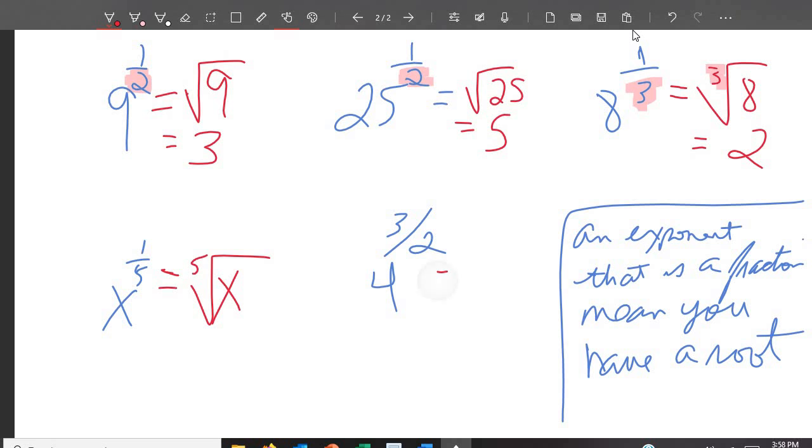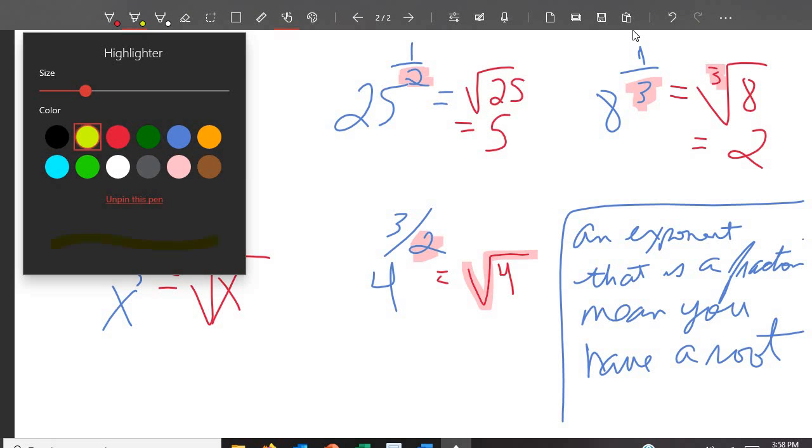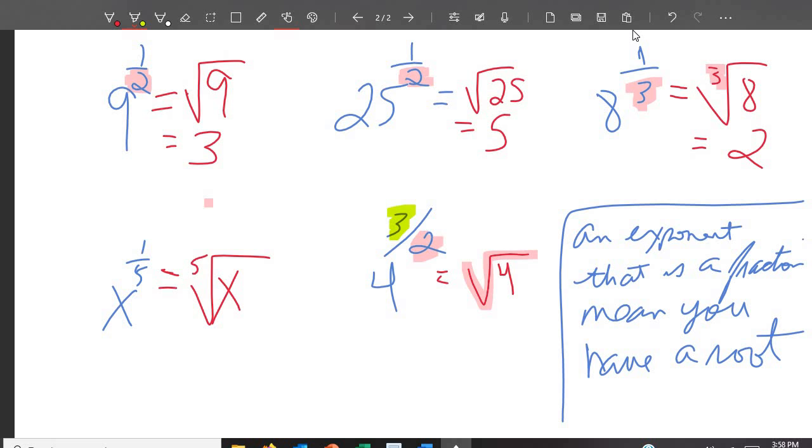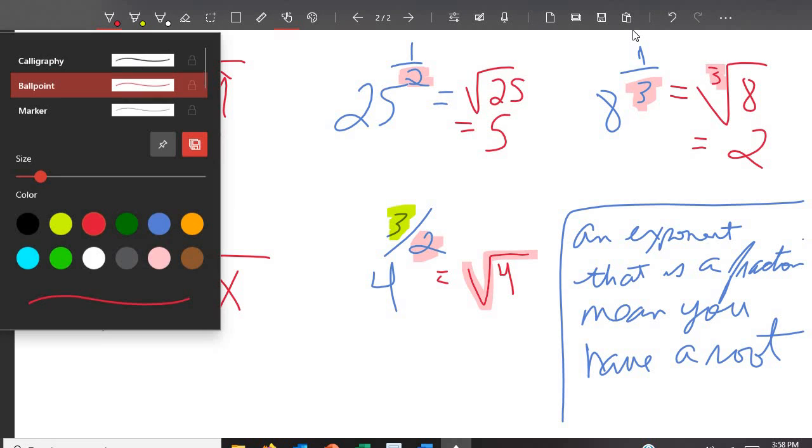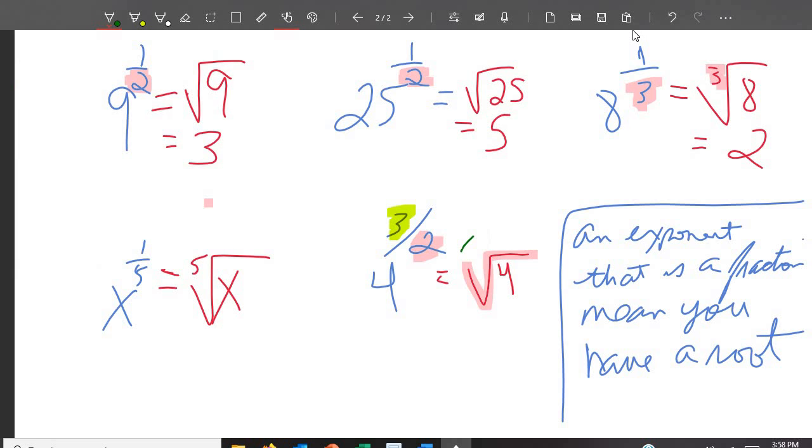Now this one's a little different. It's got a 2 in the bottom, so it's a square root of 4. So the 2 represents the square root. The 3 in the top means this. Let me change that to a different color. We'll do green.